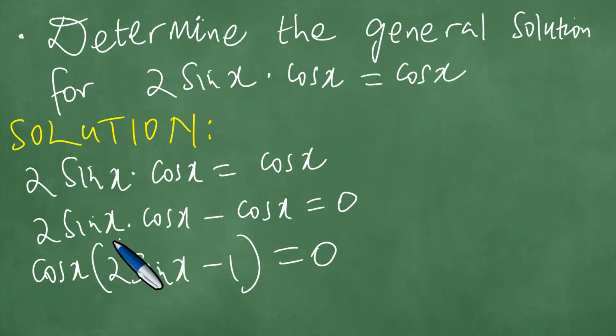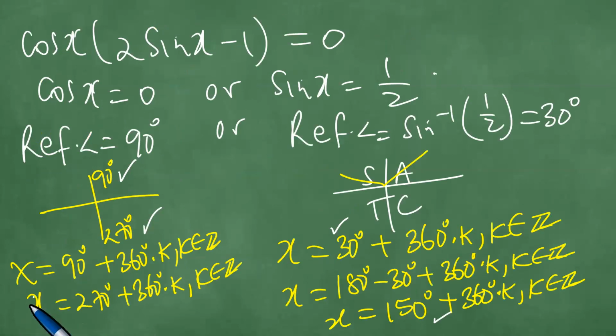We took out the highest common factor, the HCF, which is cosine x, and obtained 2 sine x minus 1. Cosine x is 0, or sine x is 1/2, and we have this exactly.